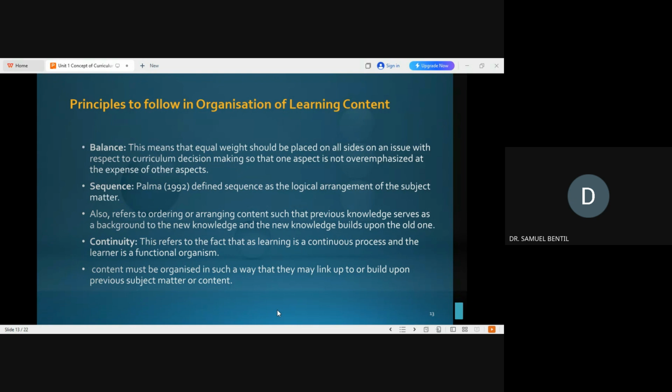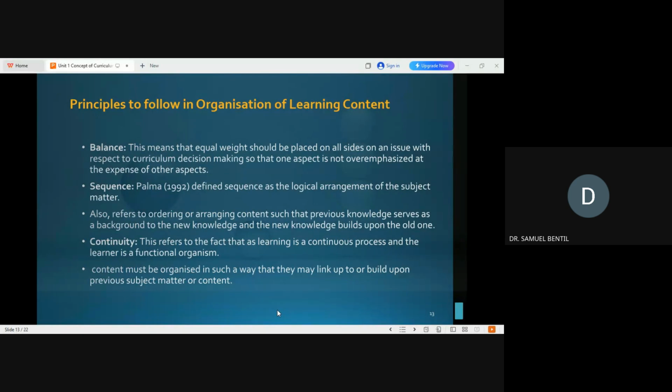So when we say balance, we are trying to say that there must be equal weight placed on all sides of the issue when it comes to curriculum decision making, so that one aspect will not be unduly emphasized as against the other. So for example, you know that geography is in three folds. We have the physical, human, and practical.